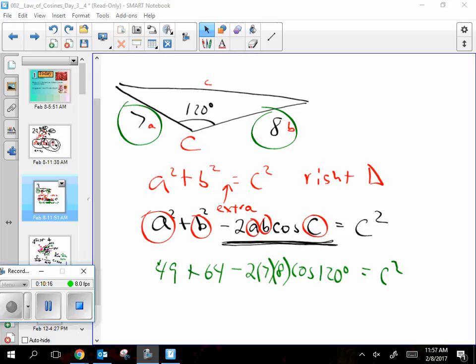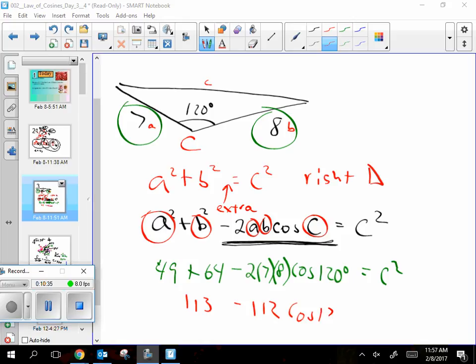All right, so here we go. I'm going to put these together, and these together make 113 minus, 56 times 2 is 112 cosine 120 equals c squared.